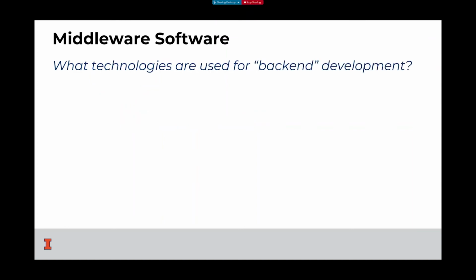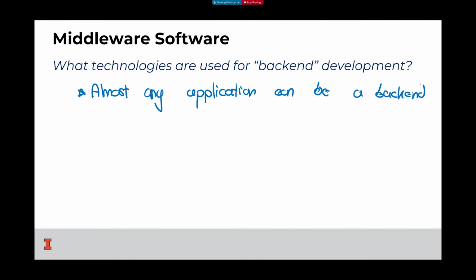So what technologies are backend technologies? This is going to be almost any application. It can be a backend. So this can be C++ or C. This can be Java. This can be Python.